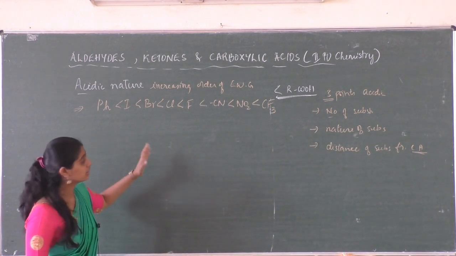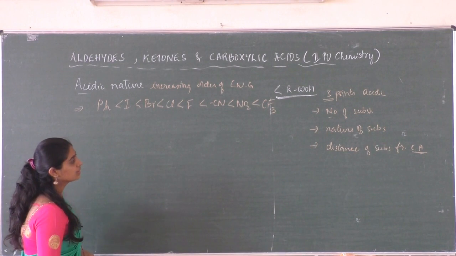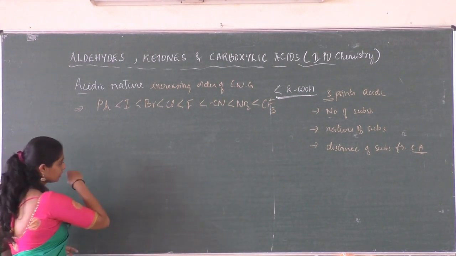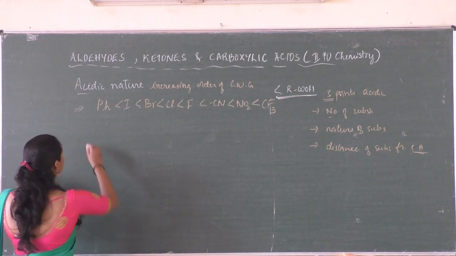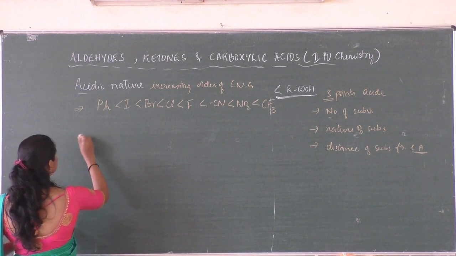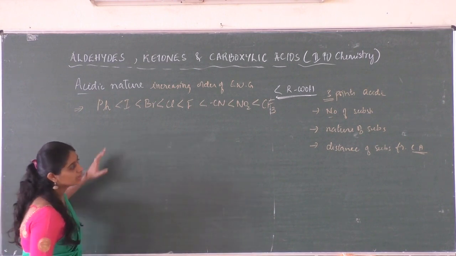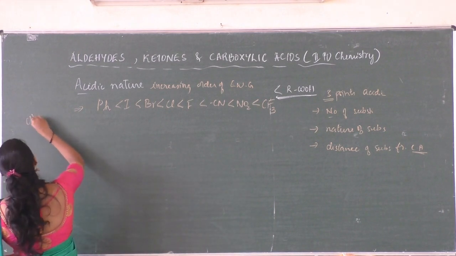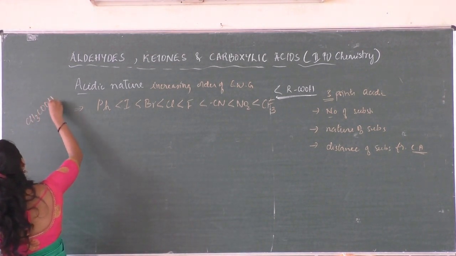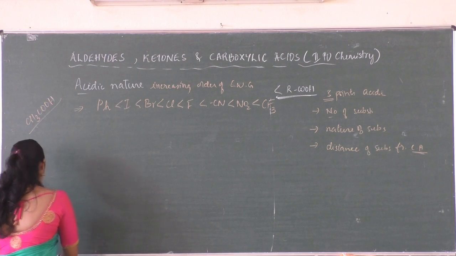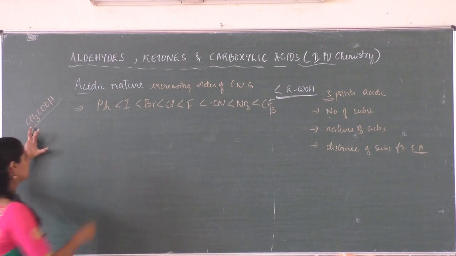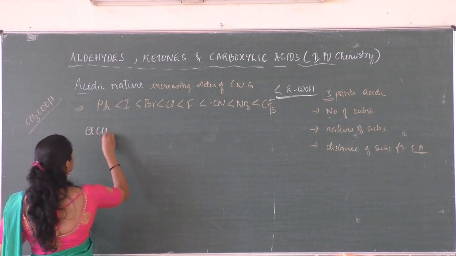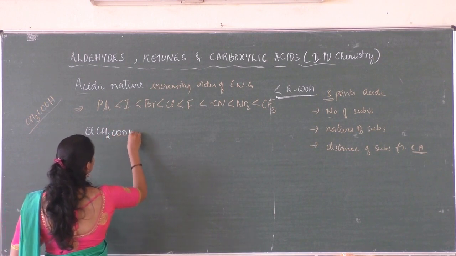Let us illustrate those. So that is number of substituent groups. If you consider acetic acid which is substituted by the chlorine atom, so this is acetic acid CH3COOH, and I'll substitute one of the hydrogen by a chlorine atom, so it forms ClCH2COOH.